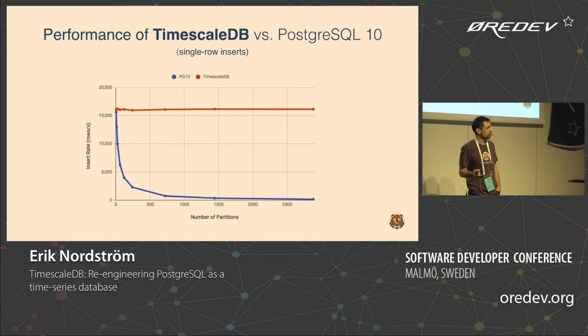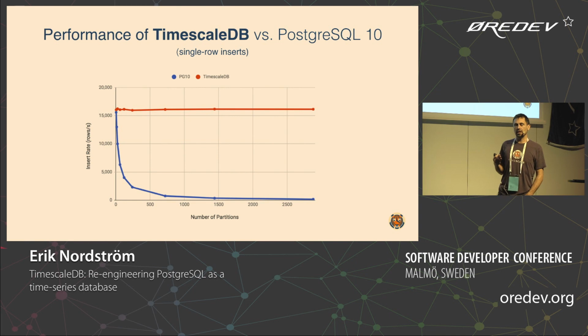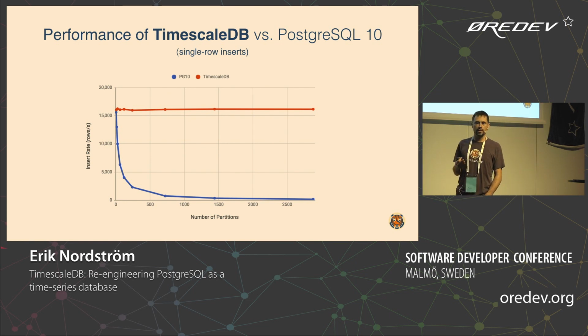And that comes with a huge cost. And of course, it doesn't scale. In TimescaleDB, we've engineered this insert path to be optimized for time series workloads. So we're only opening the sub-partitions, or chunks as we call them, that you're actually inserting into. And we keep them warm and cached in memory. And since you're typically inserting to the same recent time interval, it's often the same chunk all the time.